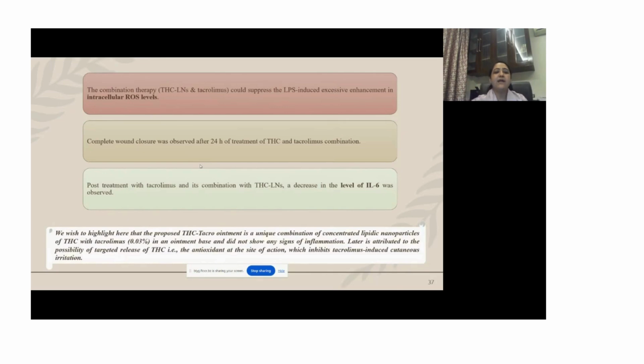So I wish to highlight here the proposed THC Tecro ointment is a unique combination of concentrated lipidic nanoparticles of THC, that is 2% with tacrolimus 0.03% in ointment base, and it didn't show any sign of skin inflammation. So because it exhibits the antioxidant and anti-inflammatory effect, and there was a synergistic action of both the drugs.